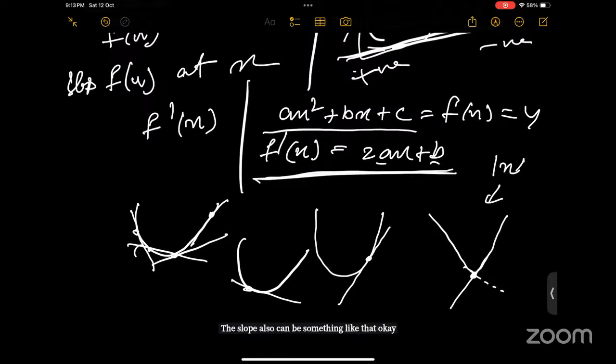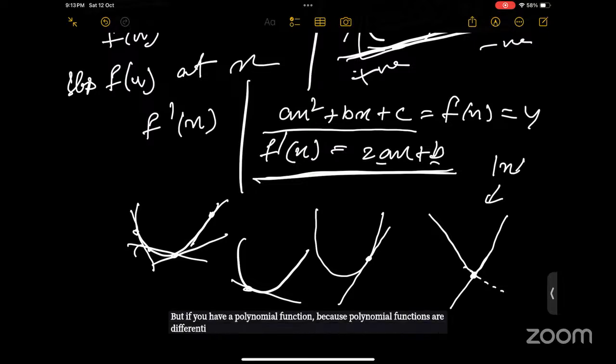So here at that point we cannot get a unique slope. That means we directly say slope doesn't exist for mod x at the point 0. But for a polynomial function, because polynomial functions are differentiable everywhere, the slope will exist at every point.